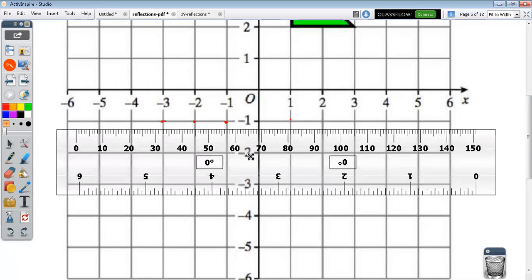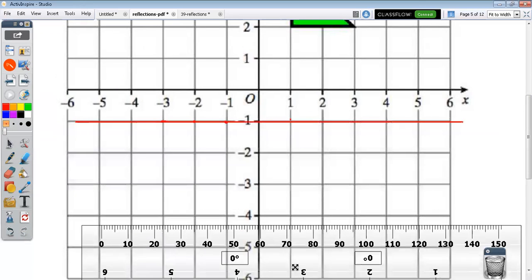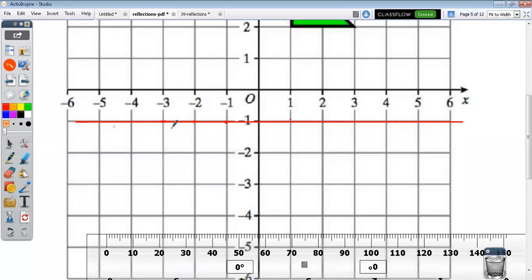Okay. Would it not be easier just to freehand, sir? With a ruler, I just wanted to show you. Okay, like this. All together. That's the line y is equal to -1. If it was x is equal to -1, it's a line like this, parallel to the y-axis.